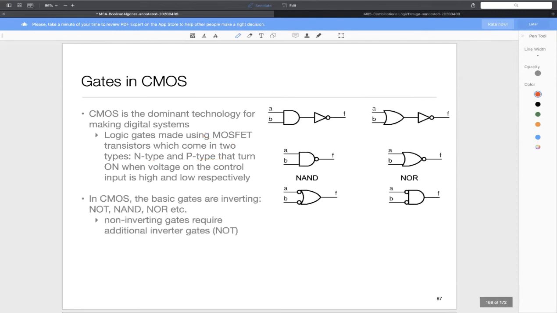Now, none of this really matters to us for the course, but what it boils down to is that, because of the way CMOS works, the basic gates in CMOS are inverting. They are things like NAND, NOR and inverter. To create an AND gate, you have to take a NAND gate and put an inverter in front.